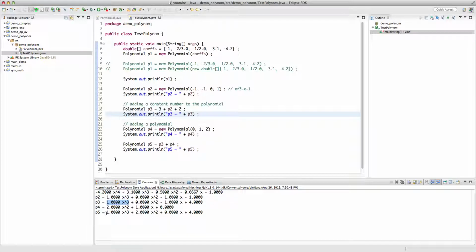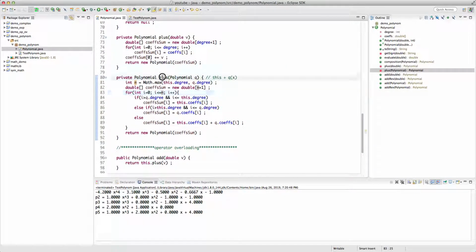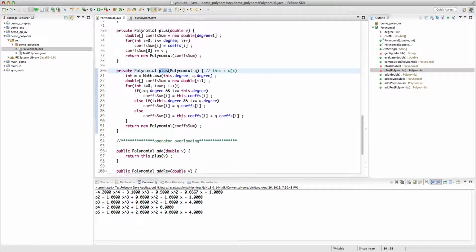Okay, x cubed, and then we had 0x squared, 0x squared here, 0x squared, 2x squared, so we get 2x squared, minus x plus x, we get 0x, plus 4 plus 0, we get 4.